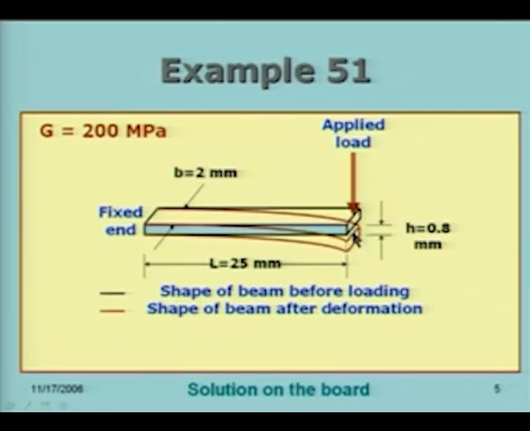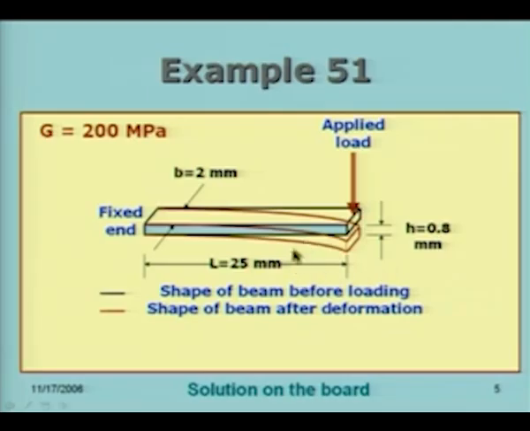That displacement is measured. In this case we can even use a simple vernier scale and measure the deflection easily. The breadth of the beam is b equal to 2 millimeters, the length is 25 millimeters, and the height h of the beam is 0.8 millimeters.